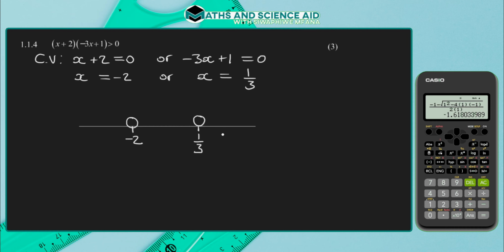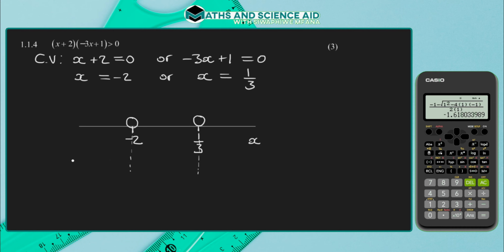Okay? And now along this number line, you need to notice that we've got 3 intervals for the values of x. In the first interval, we've got values of x that are less than negative 2. In fact, let me just show it like this.